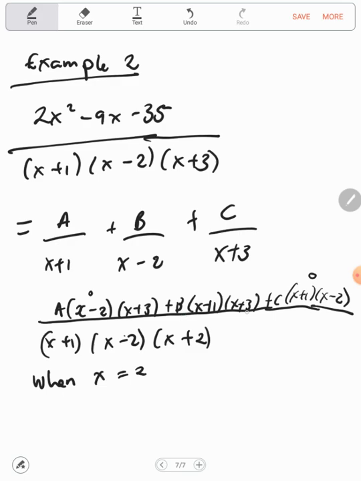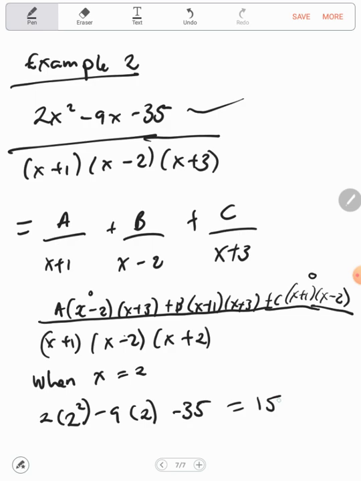So that means we just remain with the b terms. Therefore, when x is 2, on the numerator, you have 2 multiplied by 2 squared minus 9 multiplied by 2 minus 35. This should be equal to only the b here. 2 plus 1 is 3. 2 plus 3 is 5. So you have 3 multiplied by 5, which gives you 15.